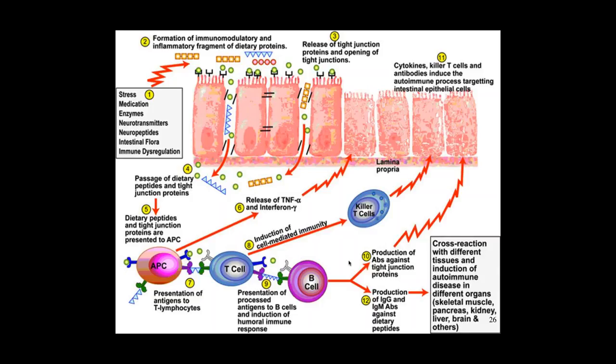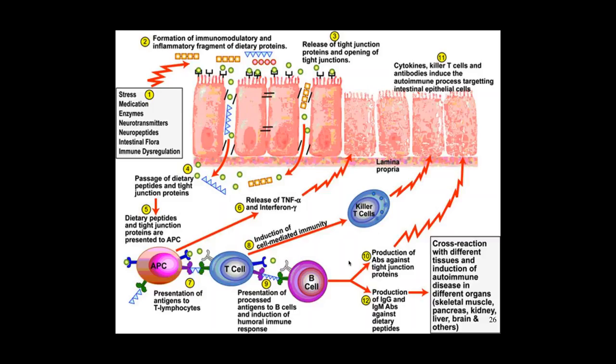So if you look at the little yellow numbers, number 1 showing the things that influence this process, and number 2 showing that you're getting the formation of your immunomodulatory fragments of proteins and things, and then you get the tight junction proteins getting broken down and opening. And then look to your left, number 4. So that's the dietary peptides coming through, and what goes on.